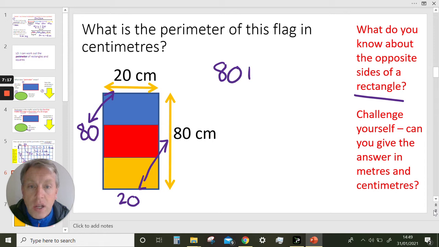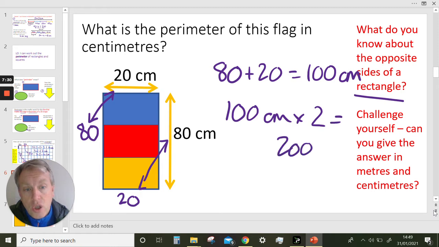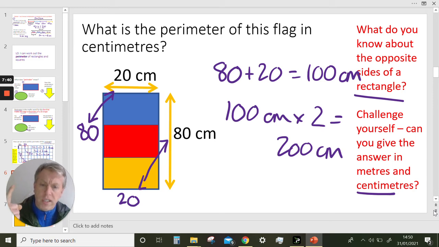80 plus 20 is 100 centimetres. We're doing that twice. 100 centimetres times 2 is 200 centimetres. And then I've got this question here. Do you know what 200 centimetres is in metres? 100 centimetres is 1 metre.